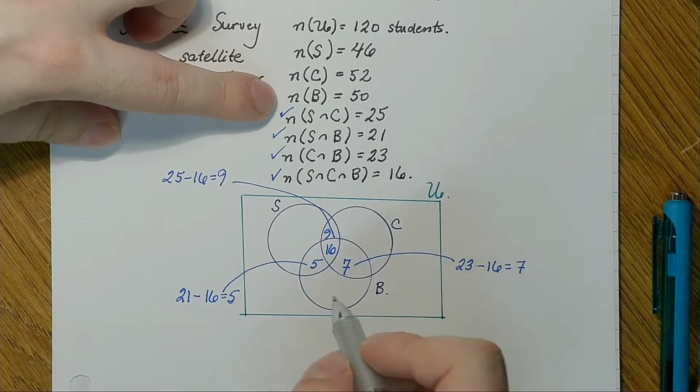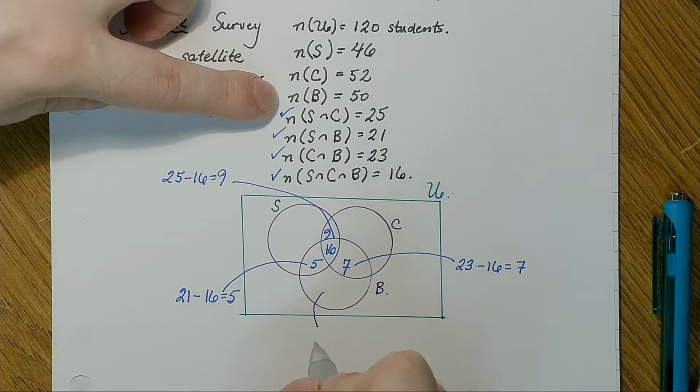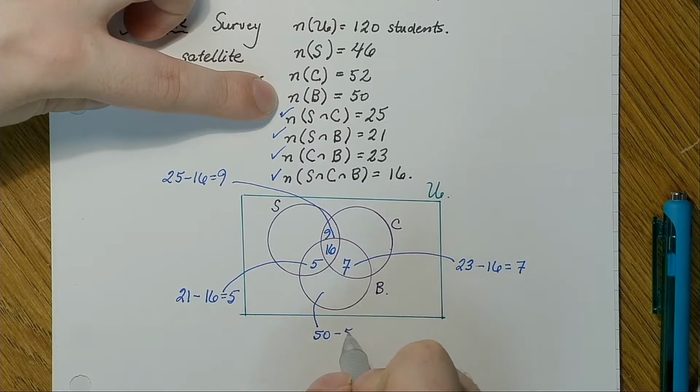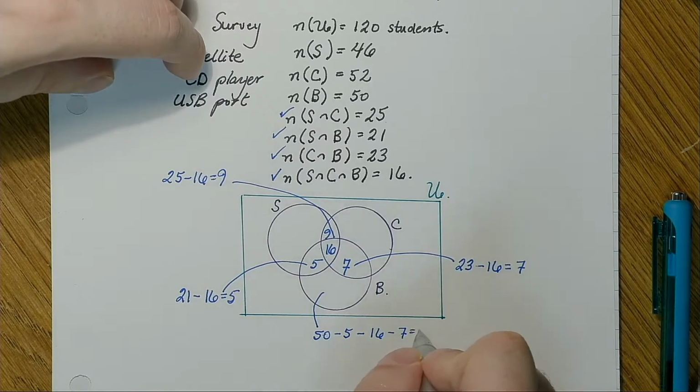So now let's start with B. You'll have 50, which is our total, and we're going to subtract the ones in through here, which is we have 5, 16, and 7. So the 50 minus 5, that's 45, minus the 16, that's 29, minus the 7 gives you 22.